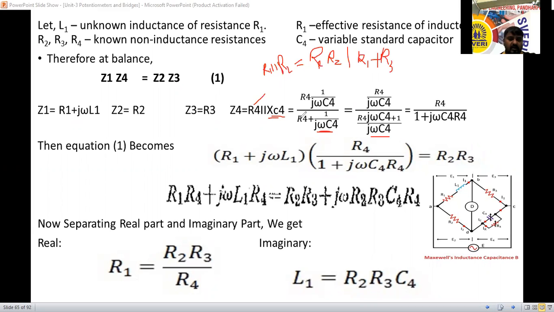So you multiply J omega C4 into R4. This term will become R4 into J omega C4 plus 1 as it is, and the whole is divided by J omega C4 here. These two, this J omega C4, I can cancel.